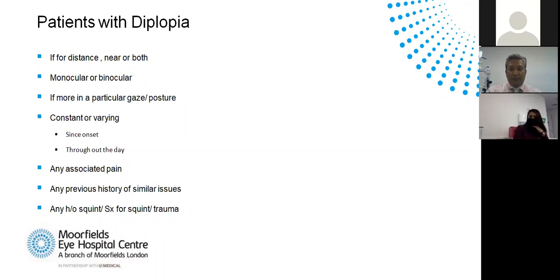And, like all other things, if there is any previous history of similar conditions, how that was treated, and how long it persisted, that is very important. And whether there was any history of squint or trauma, especially in a patient with double vision.